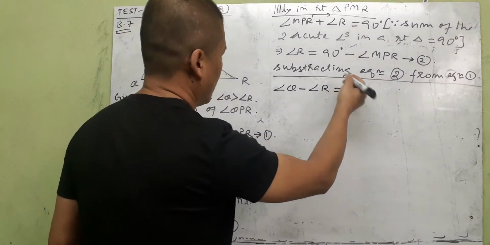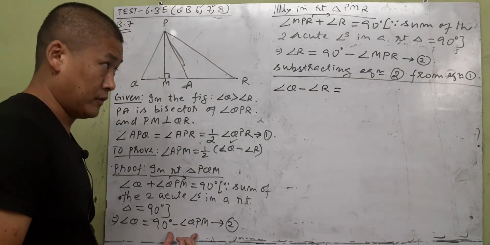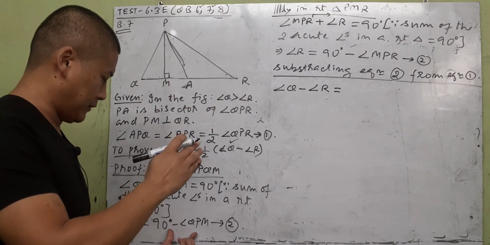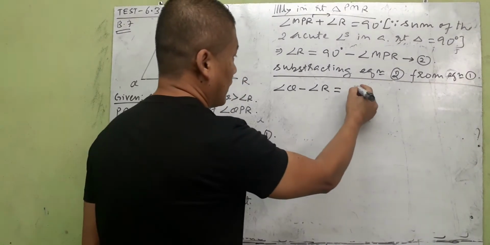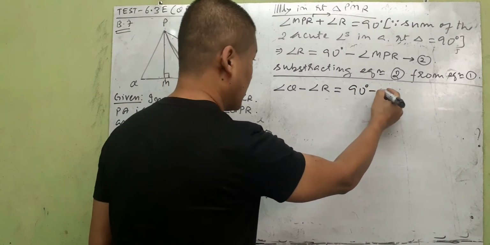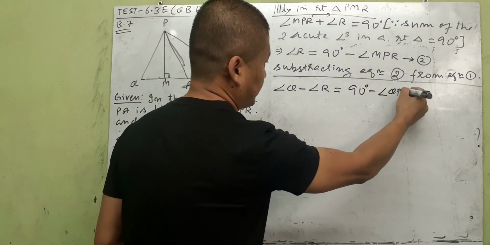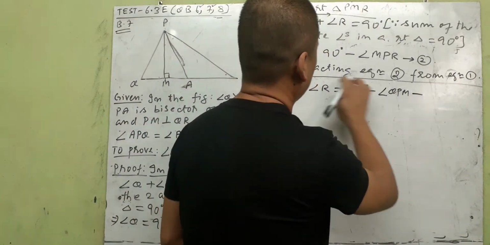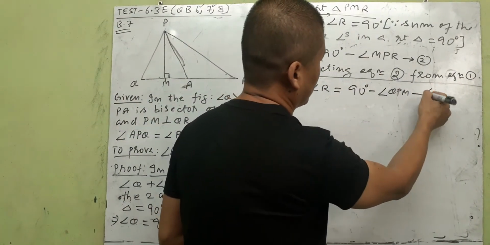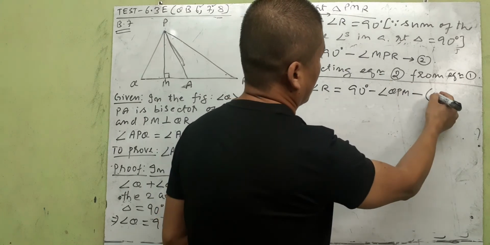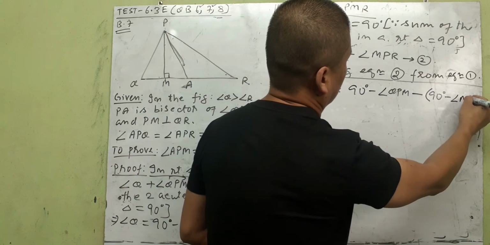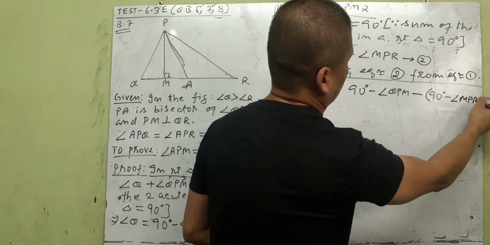to, so we have to start with the right hand side also. 2 from 1 means 1 minus 2, so the right hand side of 1 first, 90 degree minus angle QPM, this one, then minus, because we are subtracting this one, we need to put a bracket, because this is minus 90 degree, then minus angle MPR.